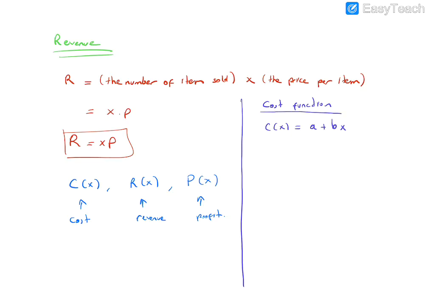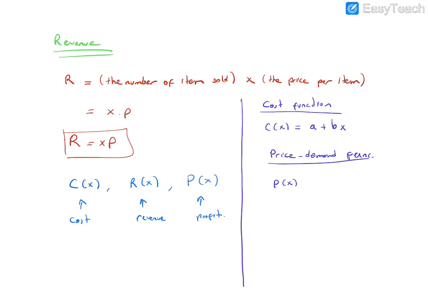And the price demand function, we denote by small p, p of X. This is a lowercase letter, small p. The profit is the capital P. So you should not be confused.